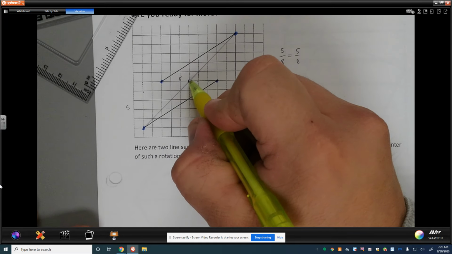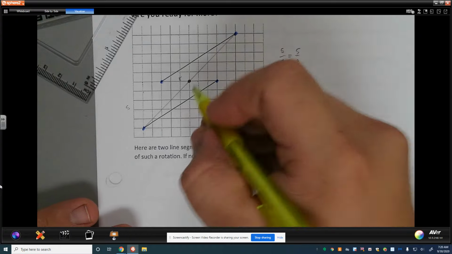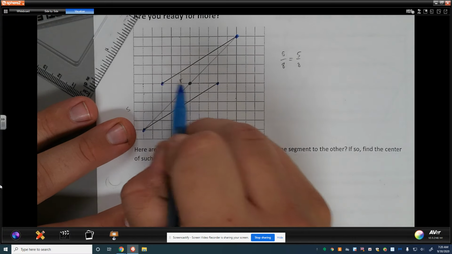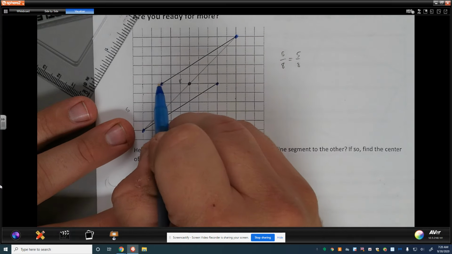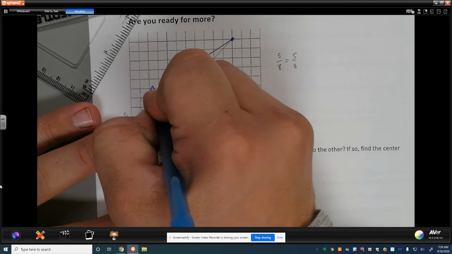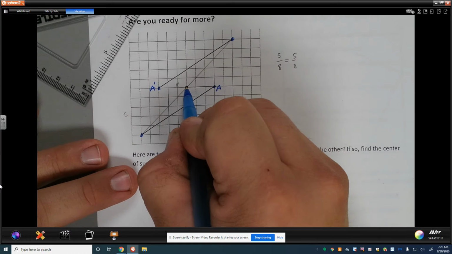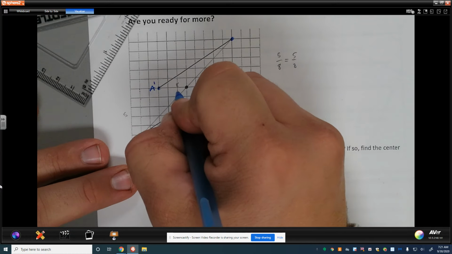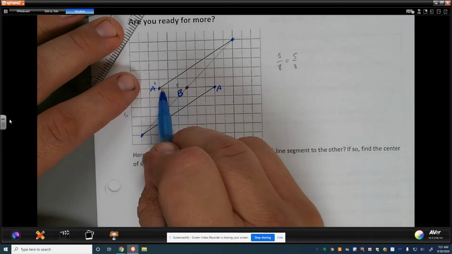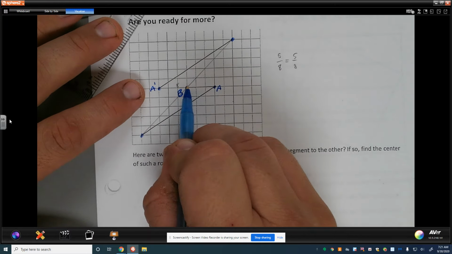It's right here. What you'll notice about that point is this point is also the midpoint between related points. So if we called this one A and this one A prime, we see that a related point right here, let's call this one point B, is exactly in the middle between the two of those points, 3 units this way and 3 units this way.